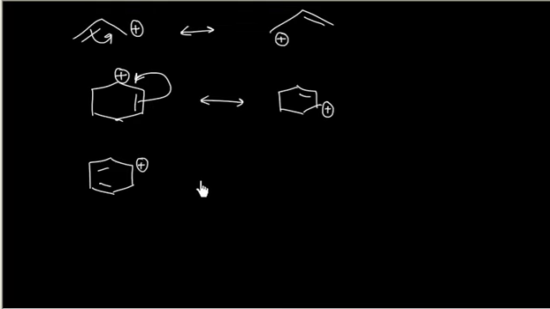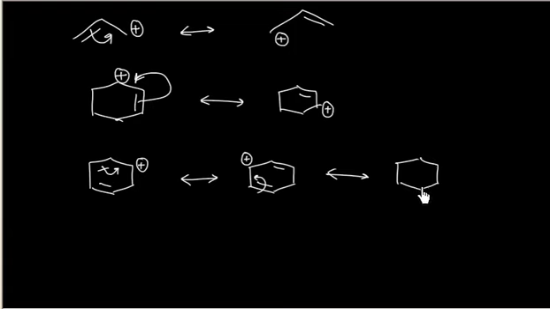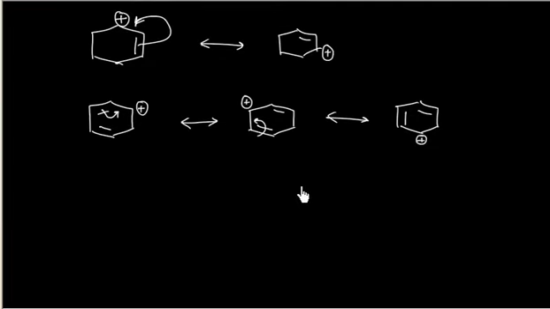If I have this, we can flow the arrow 2 times. I can flow this arrow here, I can flow the arrow once again, so this double bond goes here. So we will have 3 resonating structures in this case.